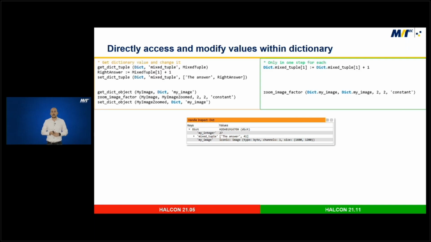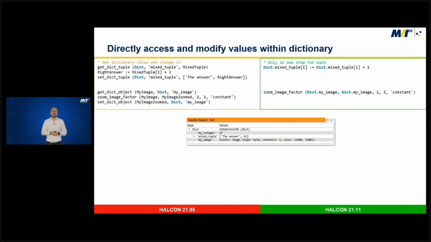Another example can be shown here. You can directly access dictionary values, like you see on the right. I just mentioned the dot writing for dict.mixed tuple to modify tuples. What's also possible is to directly input dict values into HALCON operators.